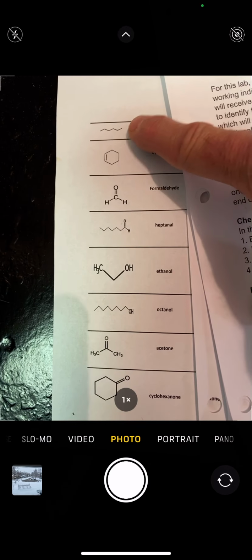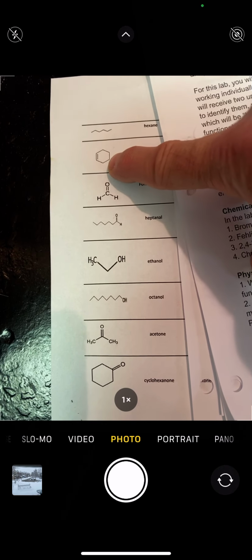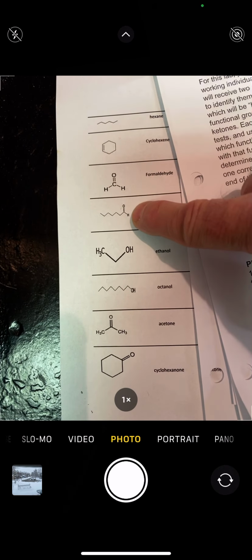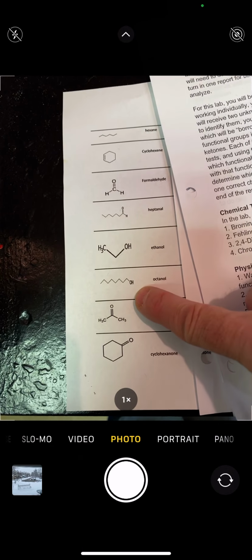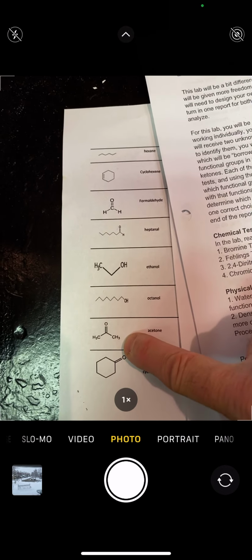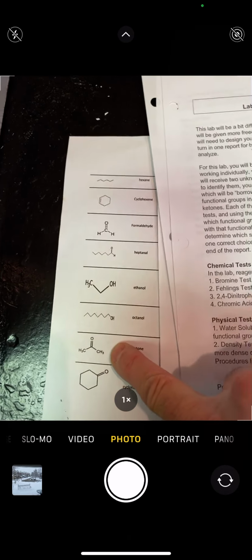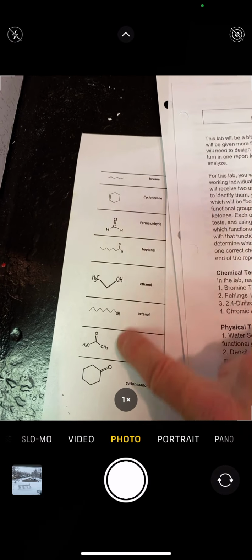The first one is hexane. The second one is cyclohexene, then formaldehyde, heptanal, ethanol, octanol, acetone, or we can also call it 2-propanone, and cyclohexanone. So those are really good ones for you to practice.